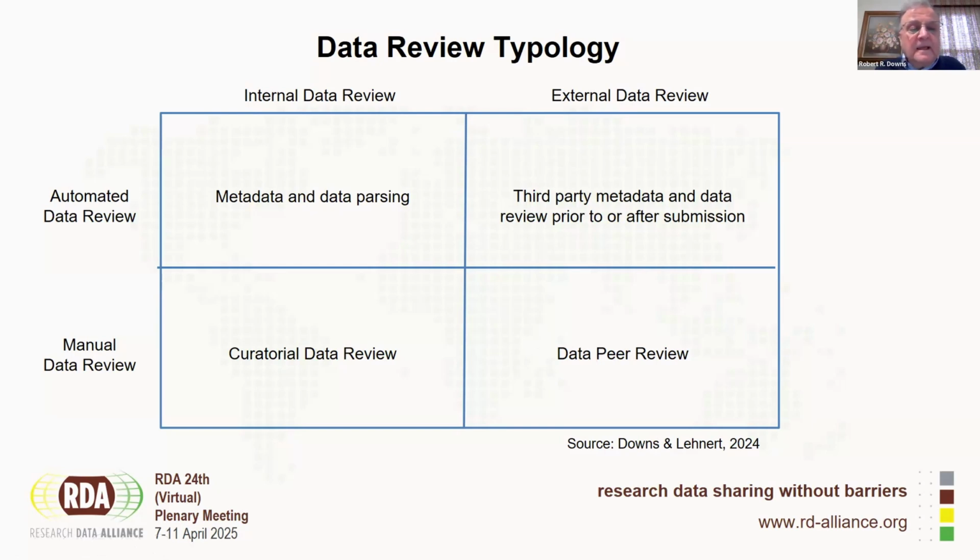And then ideally, if they could even automate aspects of that, we could move up further and have automated aspects of the data review process. Then we would have the third-party metadata and data review prior to or after submission of the data. So ideally, we would want a repository to move from the bottom left corner up to the top right corner.